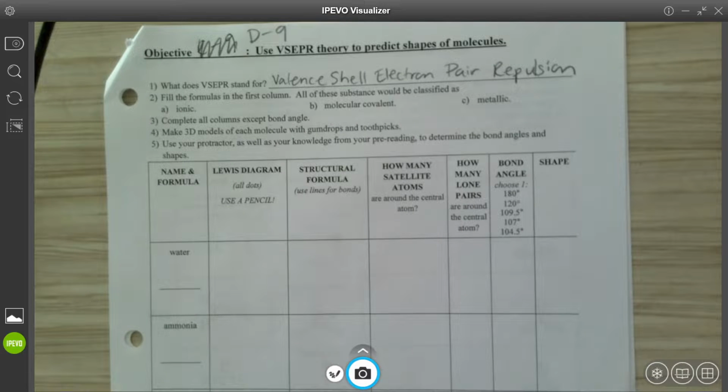Okay, so that's this idea that electron pairs repel each other. So if you have a bonded pair over here and a bonded pair up here, this one's going to swing around to get as far apart as possible from the other bonded pair, okay?